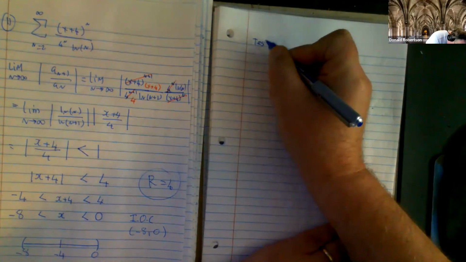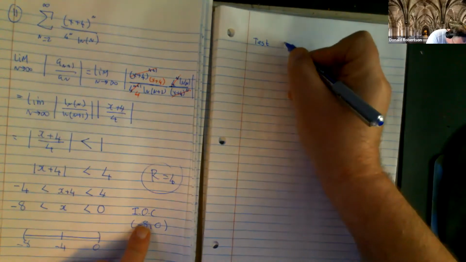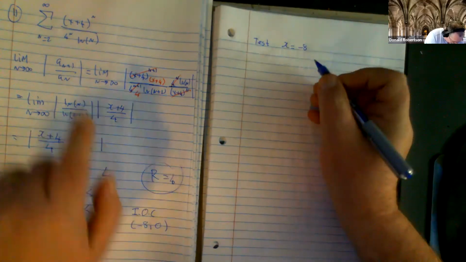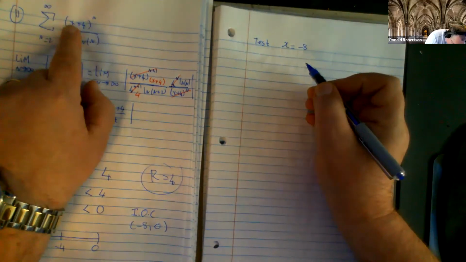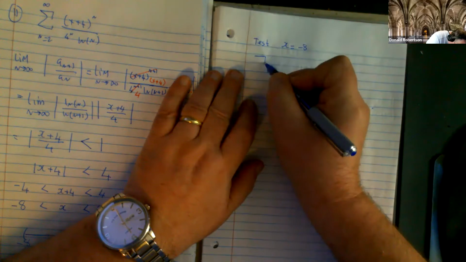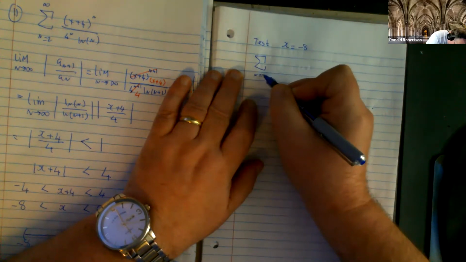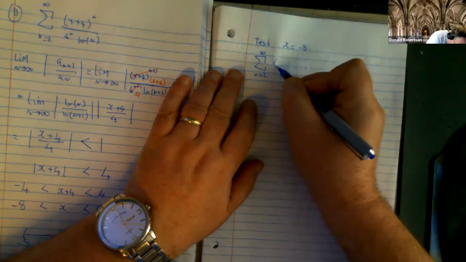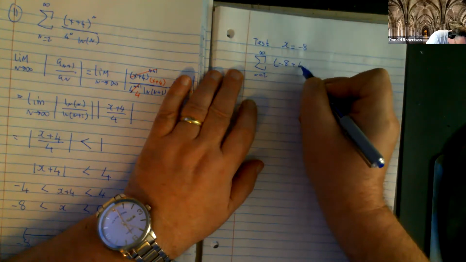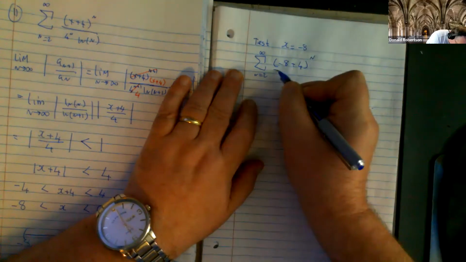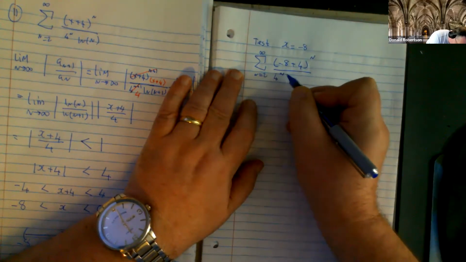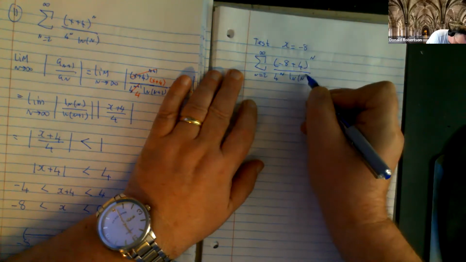I'm going to test x is -8. So this thing here is going to have x replaced by -8. And what do we get? We get -8 add 4 to the power of n all over 4 to the n natural log of n.